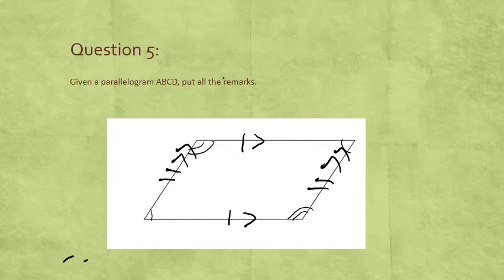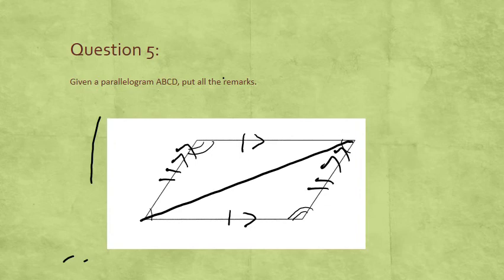Diagonals intersect in their midpoint. Okay. No, we used this. We put 3. This is equal to this. This is equal to this. Okay. Any questions?